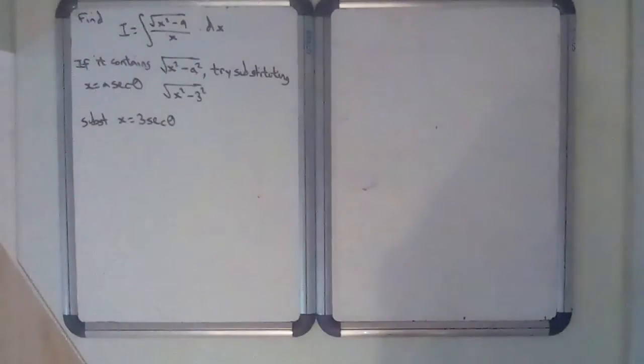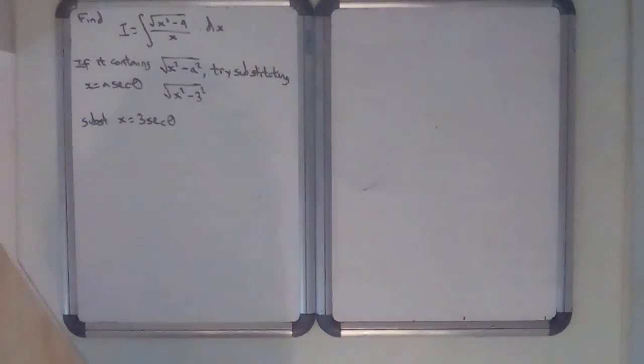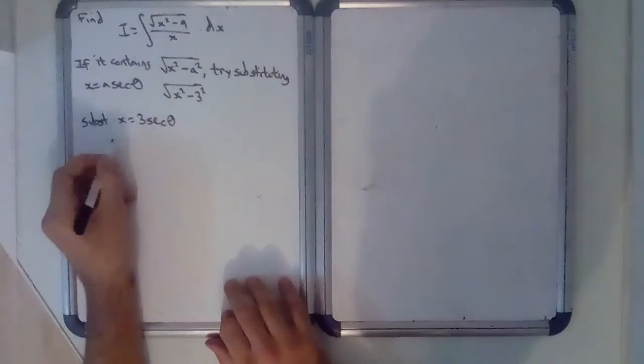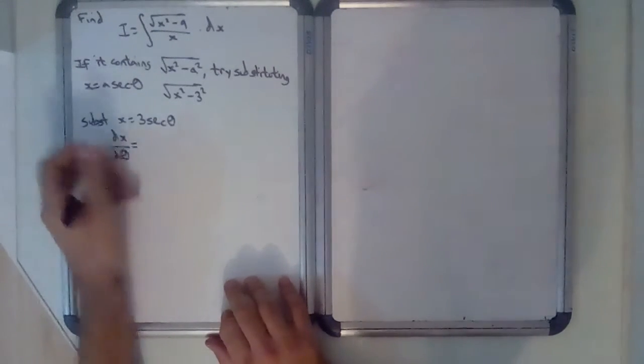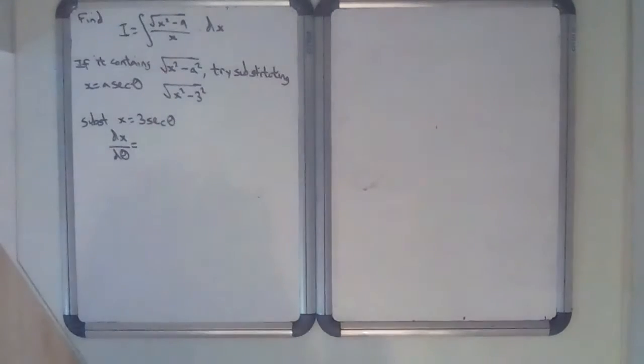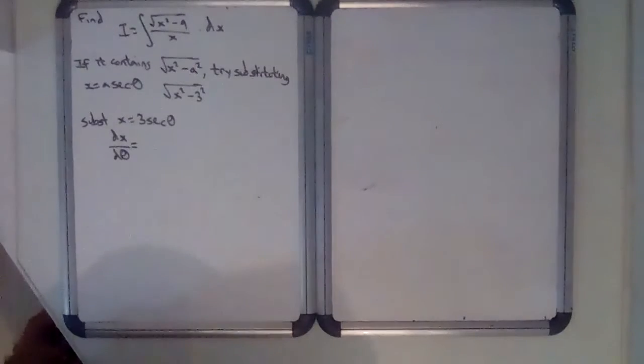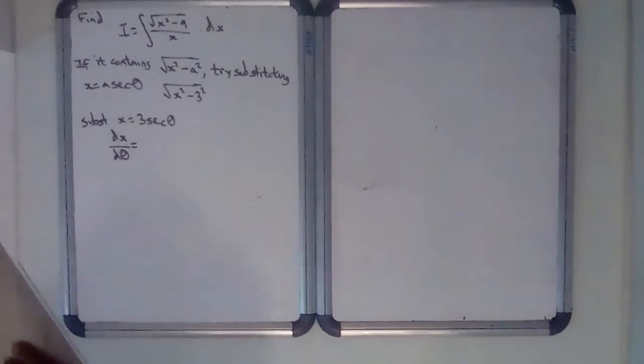Now we have to transform this integral, and we need an expression for dx. So I'm going to differentiate this with respect to theta. dx by d theta equals, you may not remember this, but you don't need to. If you have your formula book to hand, the derivative of sec x is sec x tan x.